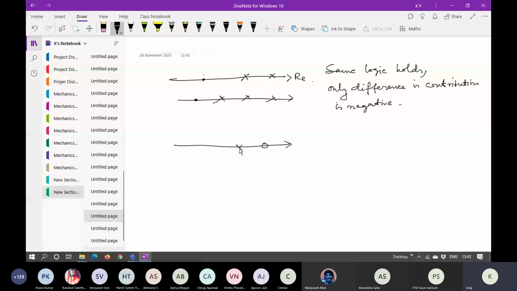And finally, the pole-zero combination. So what happens? The 0 will be contributing positively, this will be contributing negatively, and they'll cancel each other out.